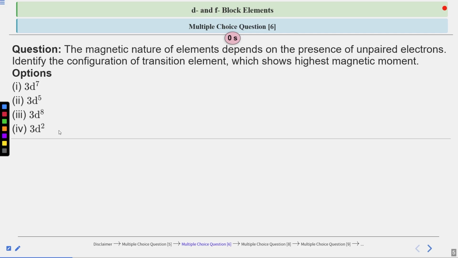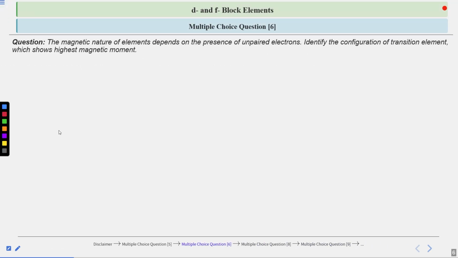Let's see. For this given question, the correct answer is option second, that is 3d5.